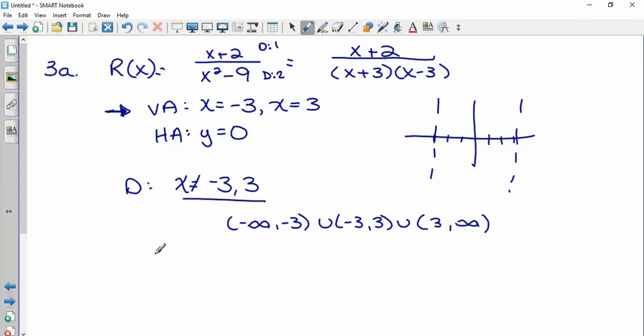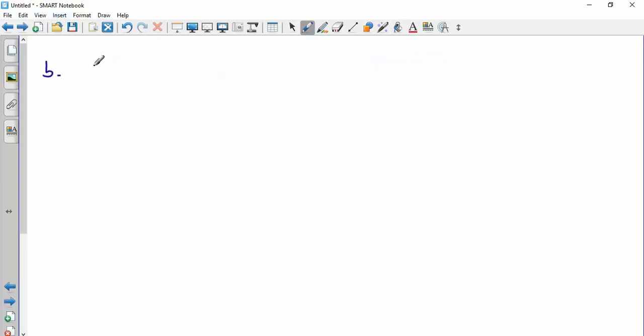Okay. Let's look at B as well. Vertical asymptote would be what? 2. X equals 2.